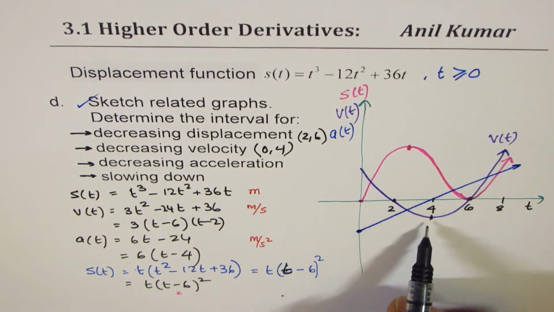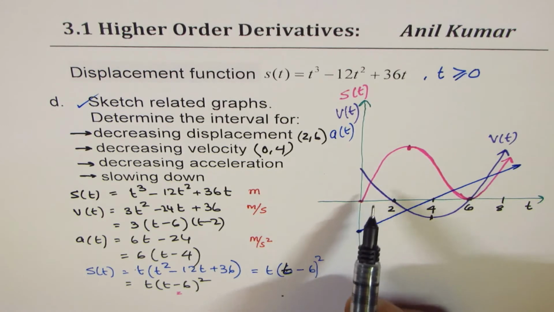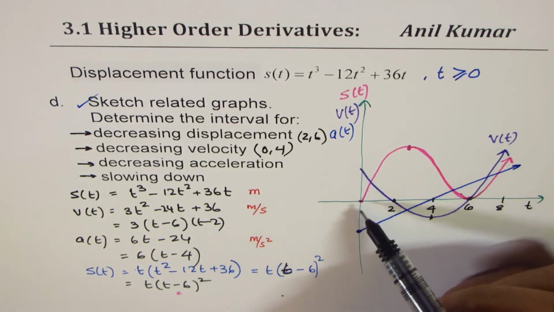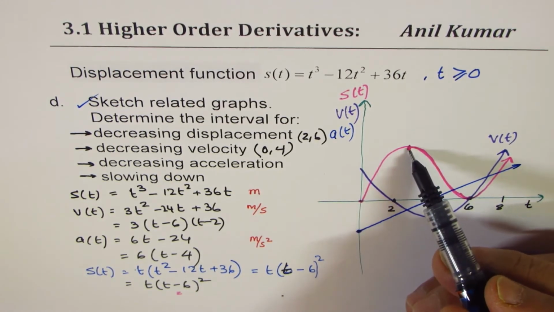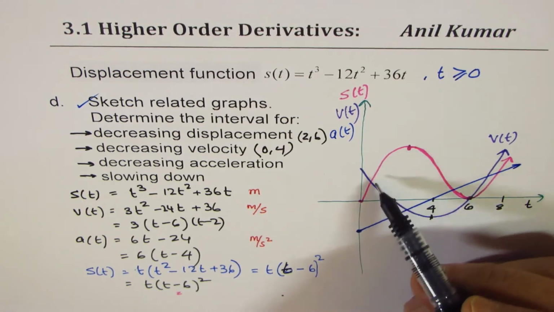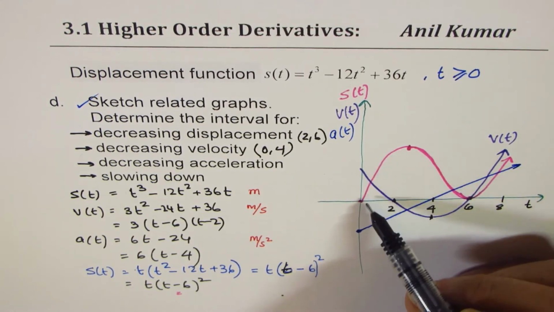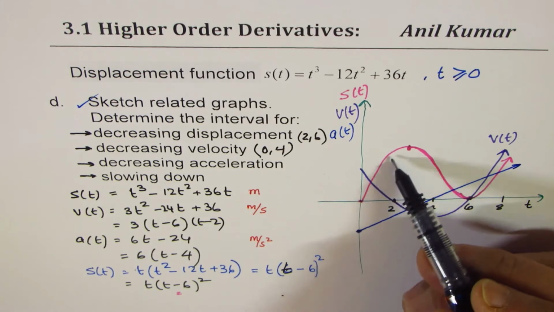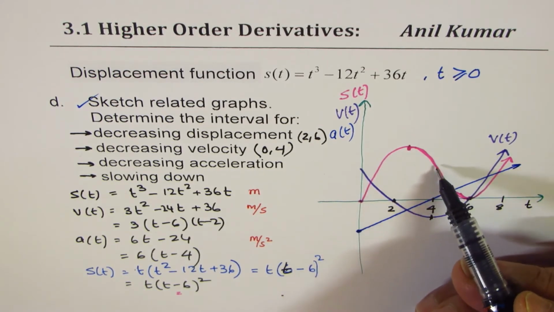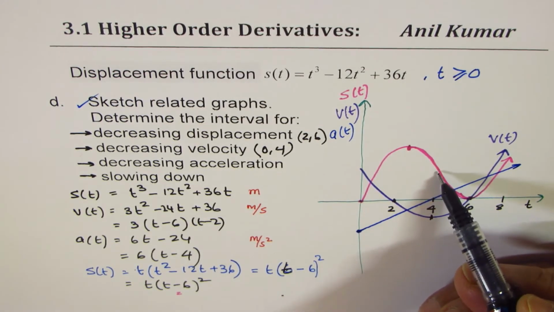No, velocity is decreasing. That means the object may be going further away, but at a slower pace. Do you see the tangent slope is very high initially, and then it decreases all the way up to this point? This is called the point of inflection.